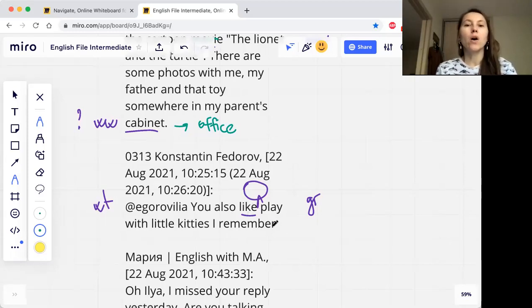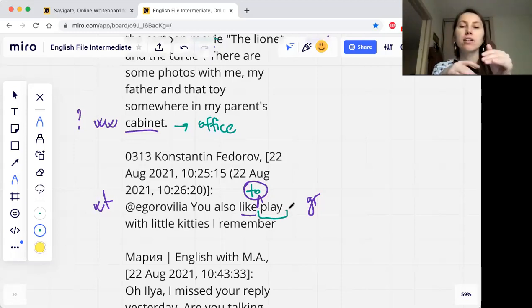Let's move on. You also like play with little kitties, I remember. So here, what we should pay attention to is a little bit of grammar. If you want to use two verbs without a comma, без запятой, so it will not be an accumulation of verbs, you have to use something in between, and this would be the particle to, which will indicate that play is an infinitive here.